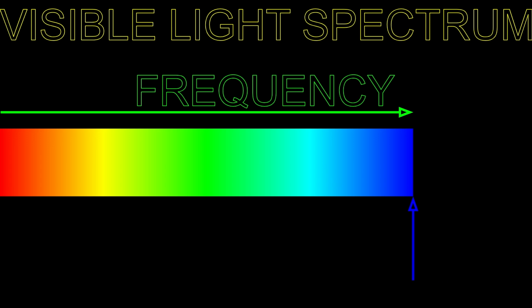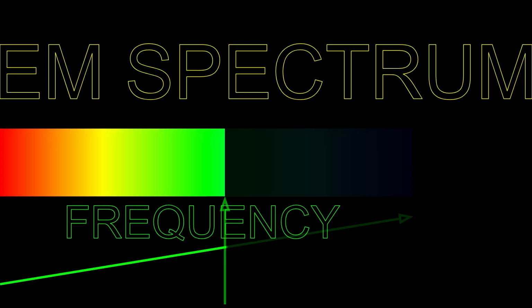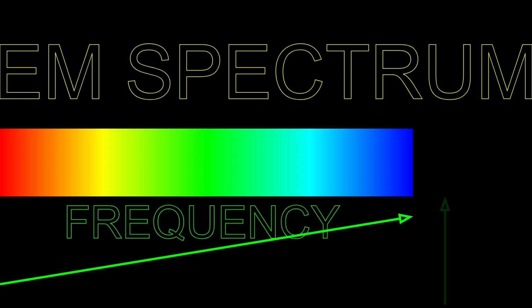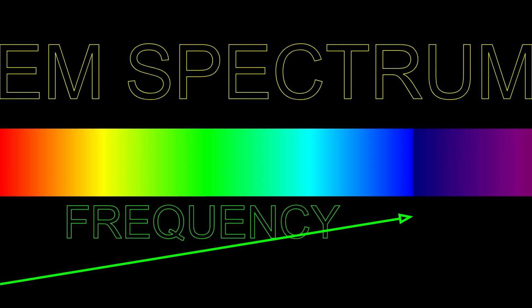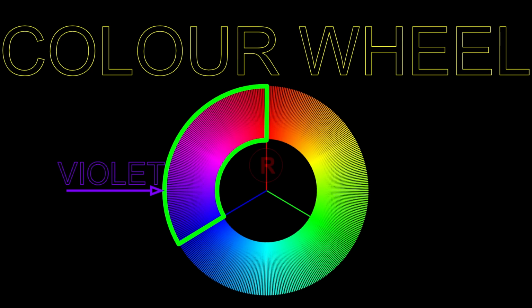It's easy to see, because the electromagnetic spectrum increases in frequency from red to green to blue, and past blue must be the next even greater frequency, which for some reason people say is violet, the purplish kind of colour, even though that's just a mixture of blue and red.